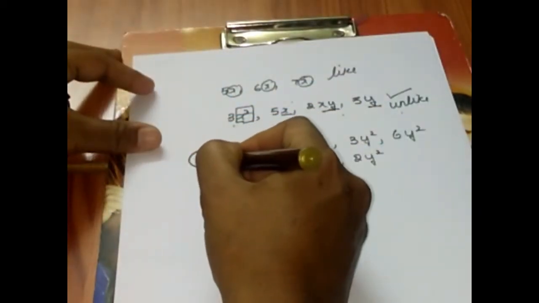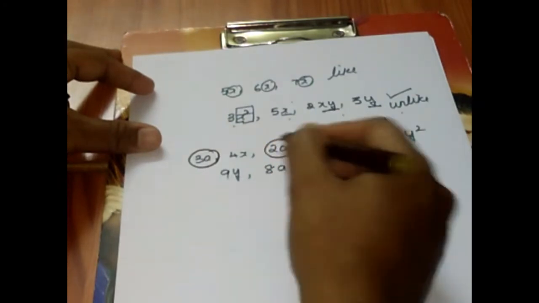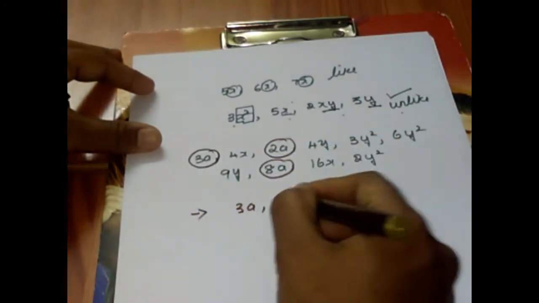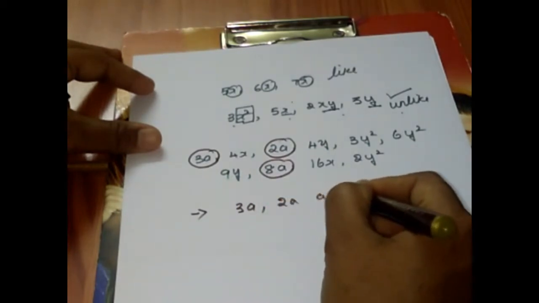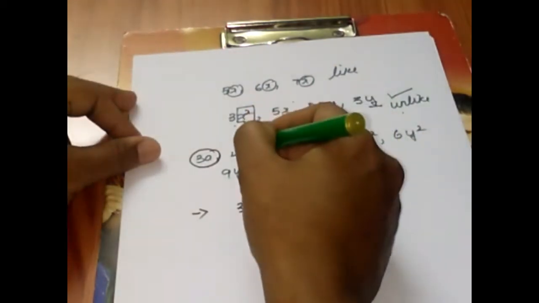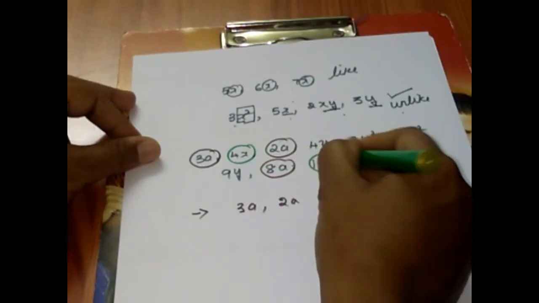If I consider the algebraic coefficient a, I have three terms. So the first group of like terms is 3a, 2a and 8a. The second group of like terms is x: we have two terms, 4x and 16x.